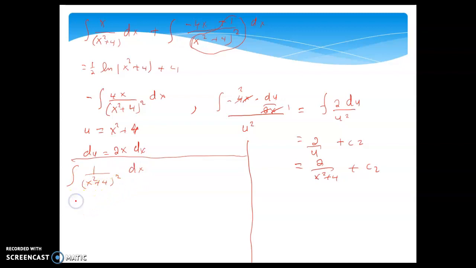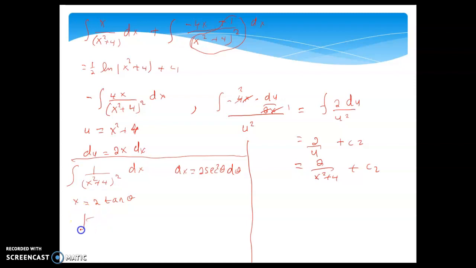So we're going to use the substitution x equals 2 tan theta. That means dx is equal to 2 secant squared theta d theta.